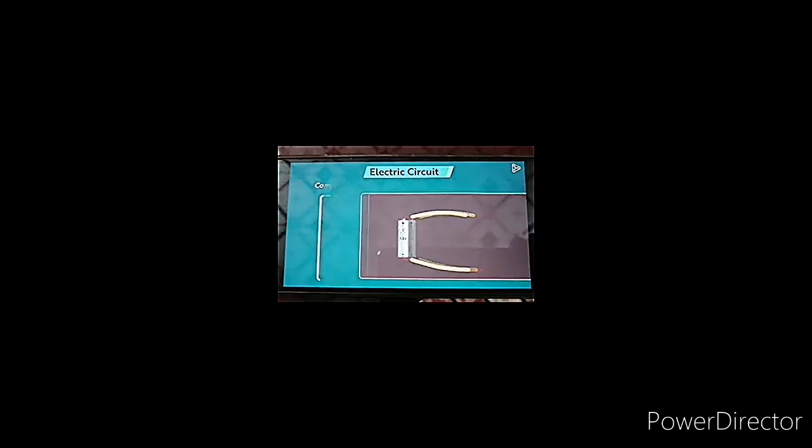That's why the bulb is not glowing. So this is not the right way to connect your cell. It can only cause damage to your cell.